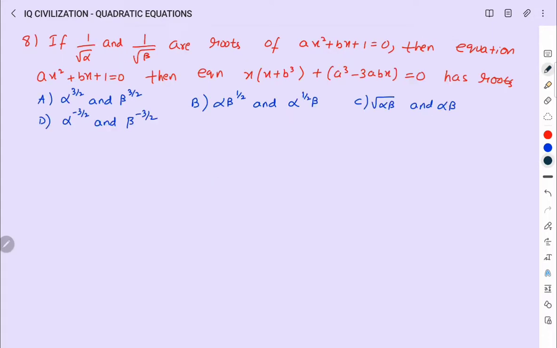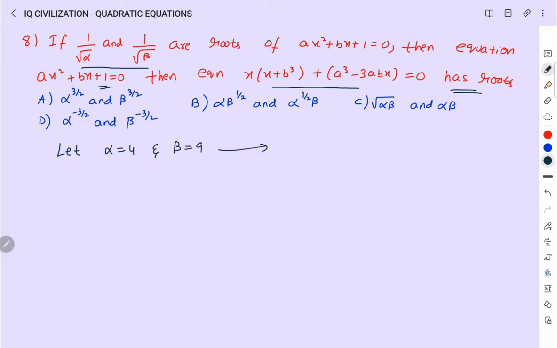Here is the next one. If 1 by root alpha and 1 by root beta are roots of this equation, then the equation we need to find using that is x into (x plus b) cube plus a cube minus 3abx equals 0, which has roots. Which root? In this I will take alpha equals 4 and beta equals 9.